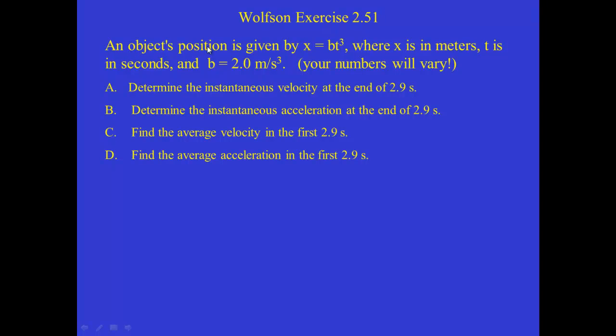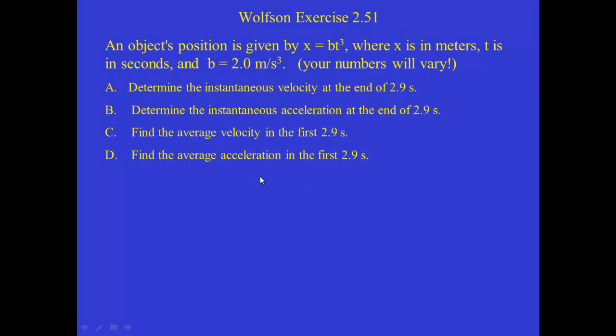We don't worry about where this information comes from, but let's assume that a moving object has a position given by x equals bt cubed, where x is in meters, t is in seconds, and the constant b has units of meters per second cubed, and I'll use a number 2 for that. Your number when you do the online homework will probably vary. It may even have a slightly different function. But how I work this problem out will apply to the one that you have to do as well.